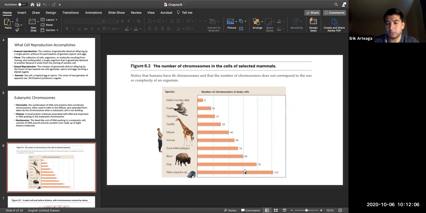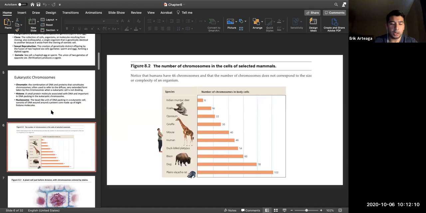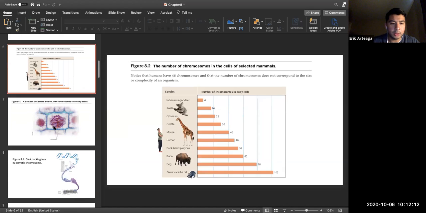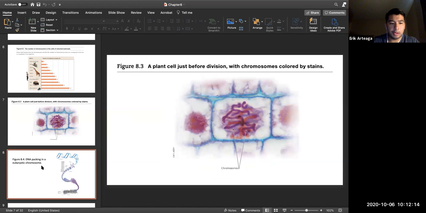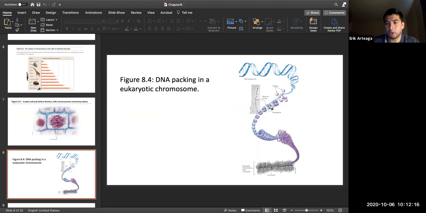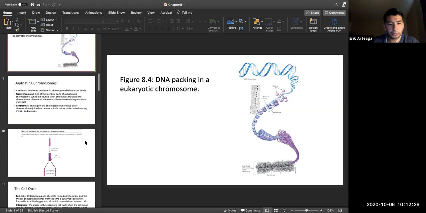Not all organisms have 23 chromosomes like we do, or 23 homologous pairs, 46 different chromatids, right? DNA packing. So this is how a chromosome is. These are histones. These are the nucleosomes, which are the bead-like structures, and you have the DNA tightly wound in the chromosome, okay?